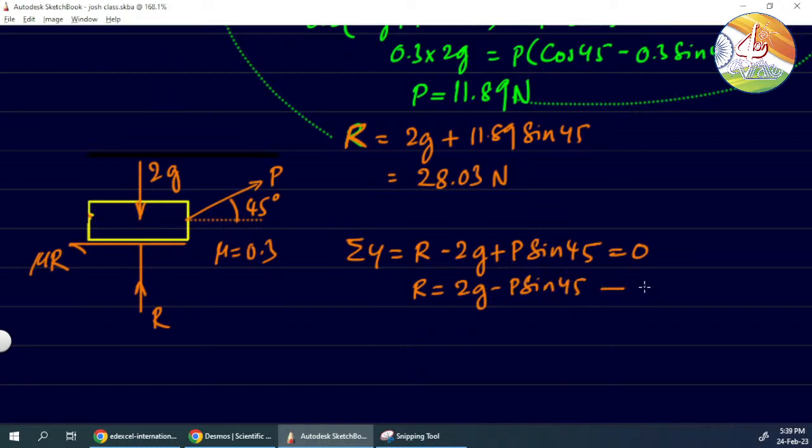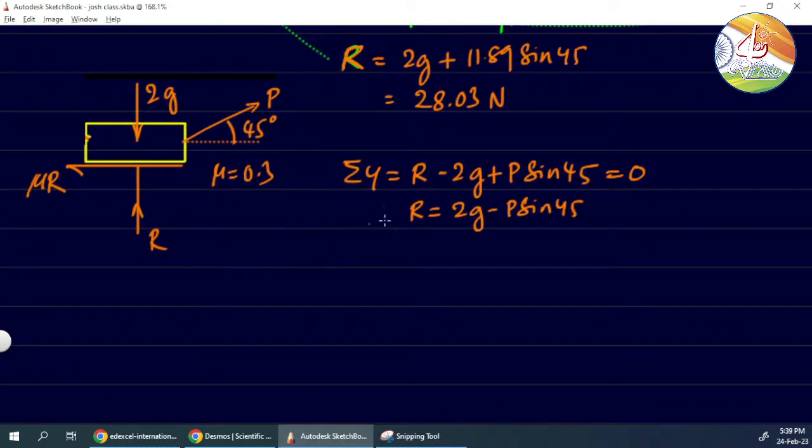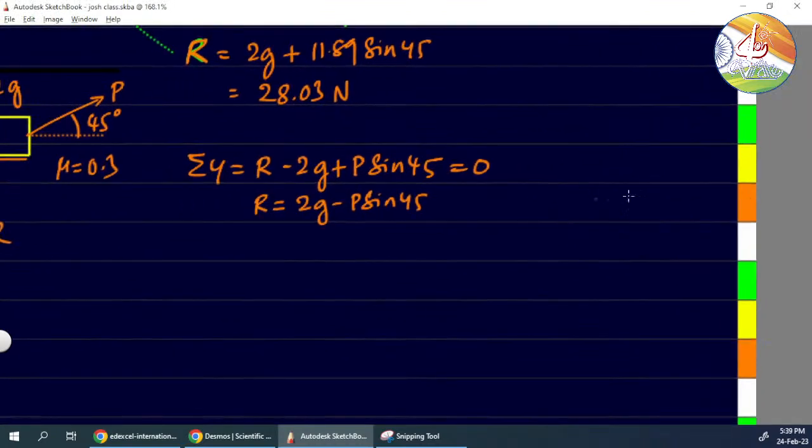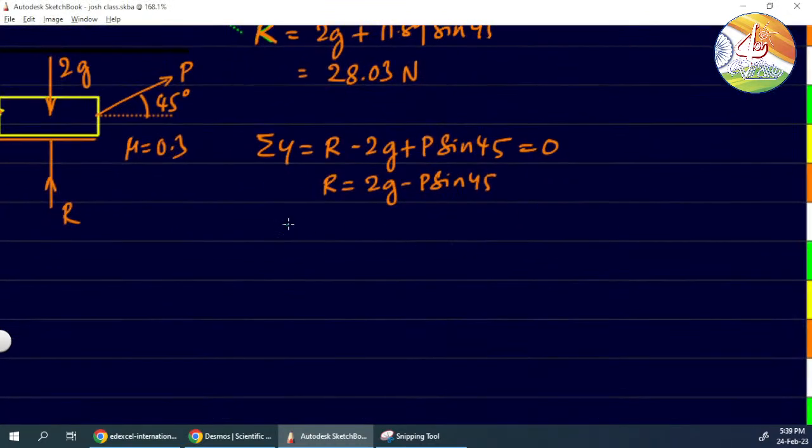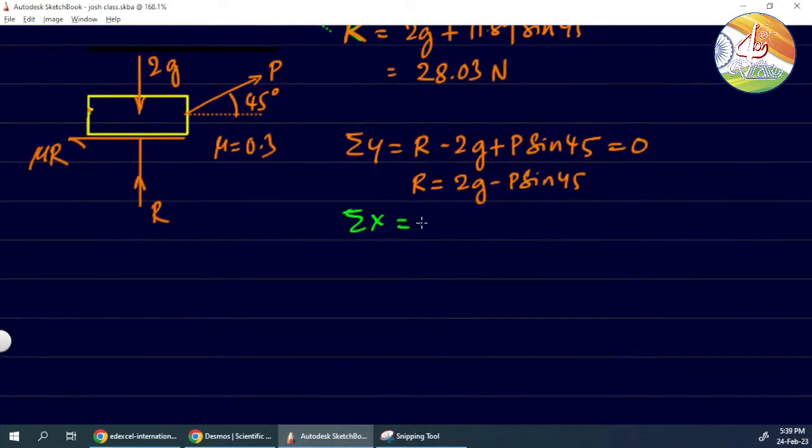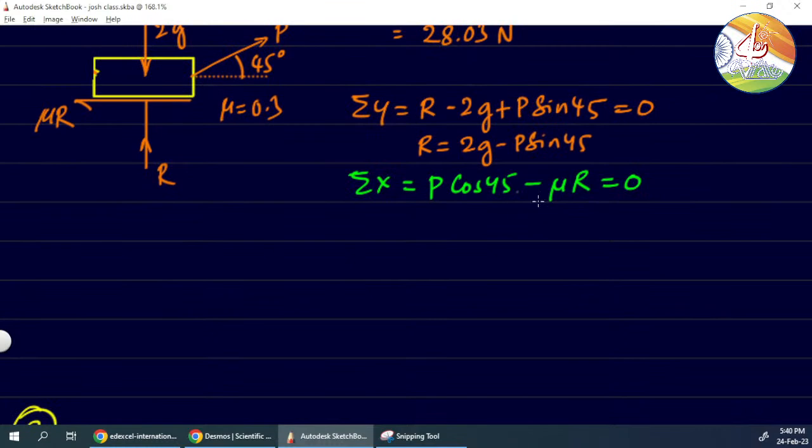Let us call this equation 1. Then the next one, sigma x. The x components are P cos 45 and minus mu R, which should be 0. Once again there are two unknowns.